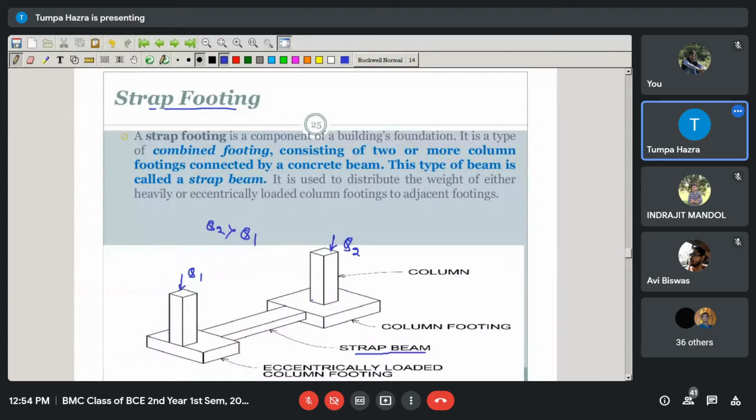So what is the purpose then? The purpose of this footing is to equalize the load of the two columns. It is used to distribute the weight of heavily or eccentrically loaded column footings to adjacent footings.